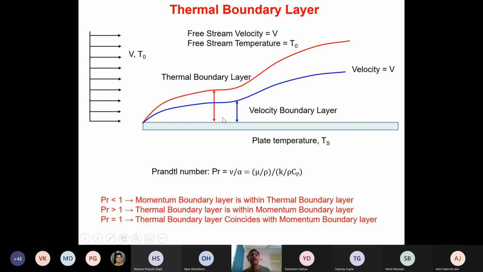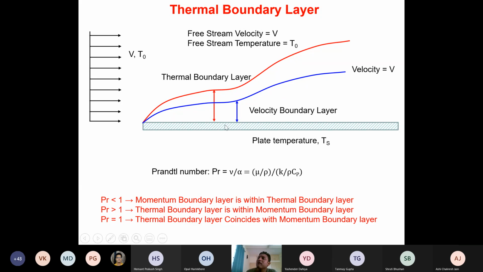But when I'm solving a heat transfer problem, I don't look at the distribution of H. Instead, I use an average value of H, which incorporates all this spatial variation inside it. So I only look at the average value as I move from the wall to the free stream velocity and free stream temperature.